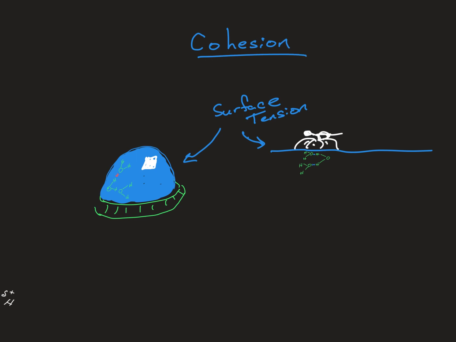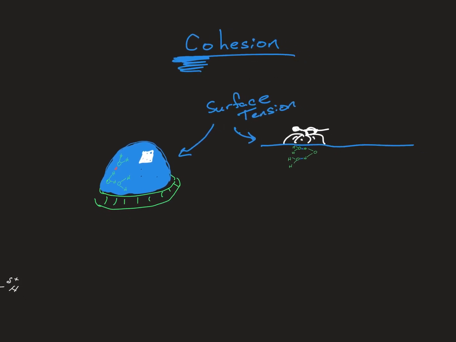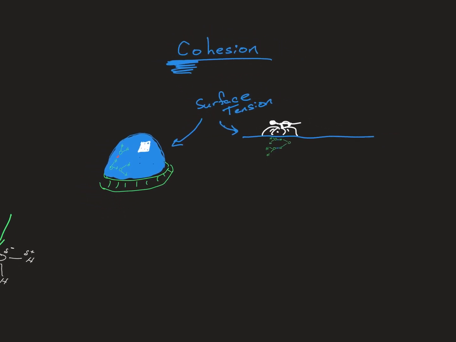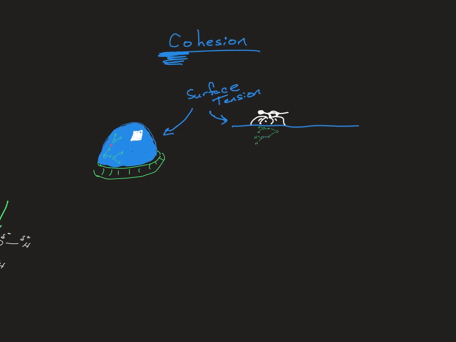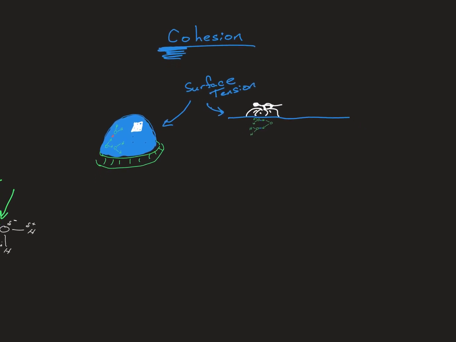I heard that word before. Cohesion is the ability of something to stick to itself. So the surface tension of water is due to cohesion.